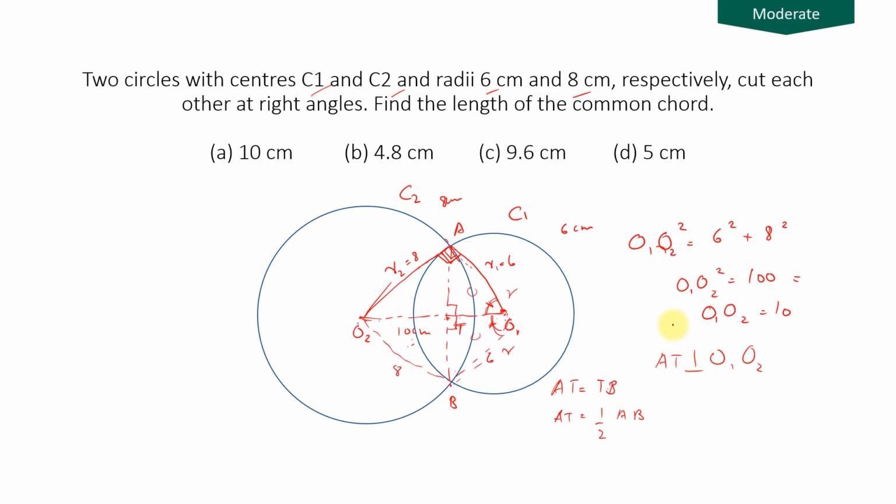Now, to find the value of AT, let us look at the triangle AO1, O2. We can calculate the area of this triangle in two ways. If we take AO1 as the base, then half base into height is going to be half AO1, which is 6, and height, which is 8.